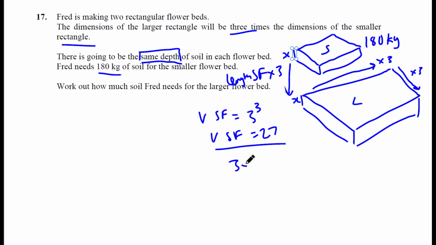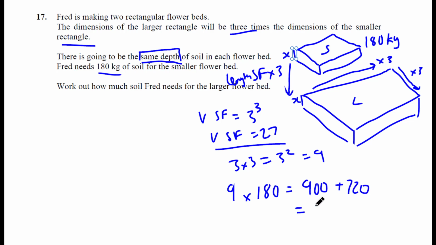We just need to square the 3, because you can see the size has only changed by multiplying the length by 3 and the width by 3. So this is how this question could throw you off. So all you need to do is 9 times 180, which is 900, add 720, equals 1620 kilograms.